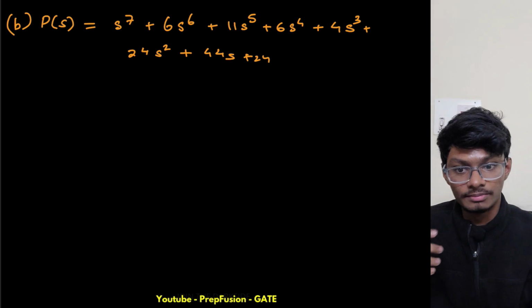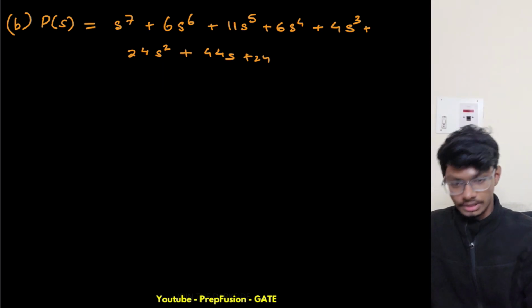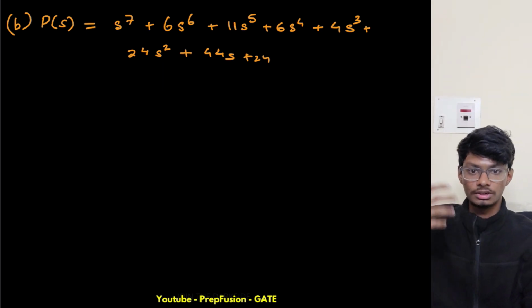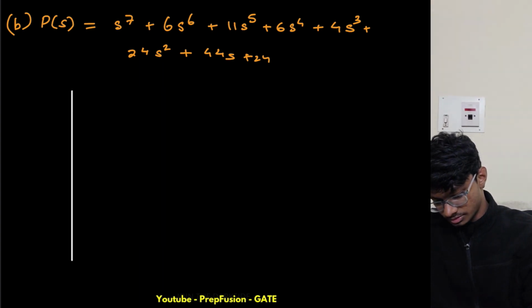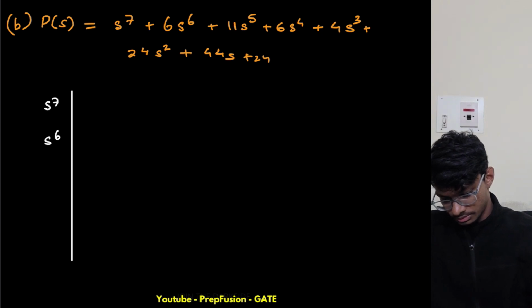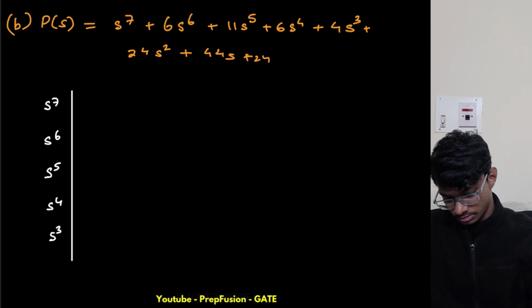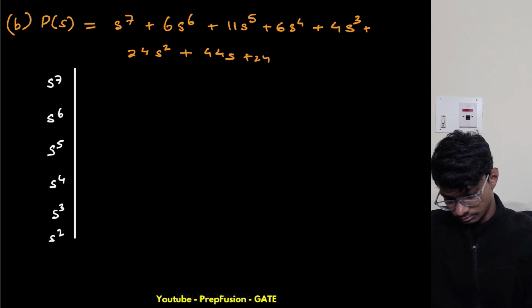So how does ROZ help basically? Let's first compute the Routh table. So this will be s to the power 7, s to the power 6, s to the power 5, s to the power 4, s cube, s square, s, and s to the power 0.